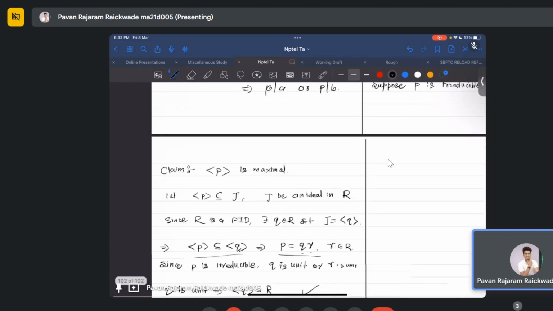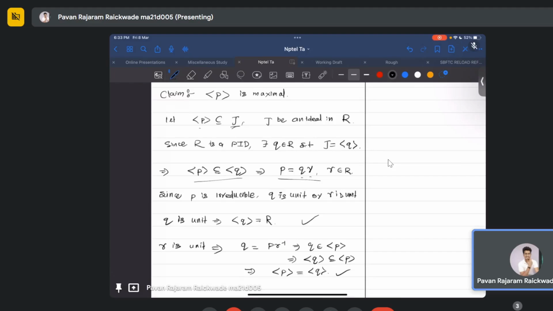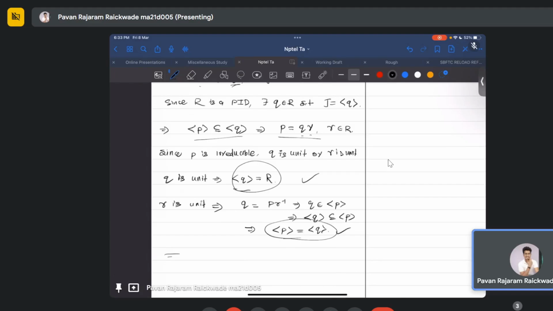So this is what the definition of a maximal ideal is: you take any ideal J which contains this ideal, then either that ideal is the whole ring R or the ideal is the same as the ideal you started with. So this implies the ideal generated by P is maximal.